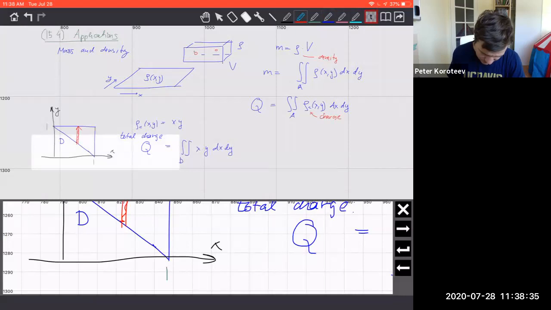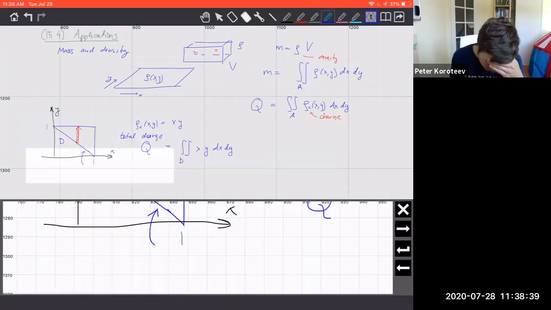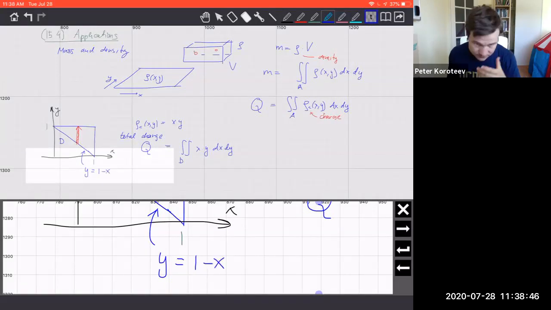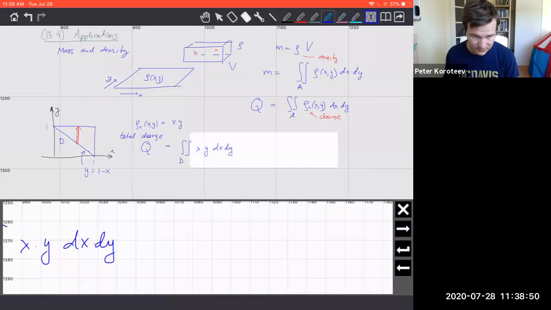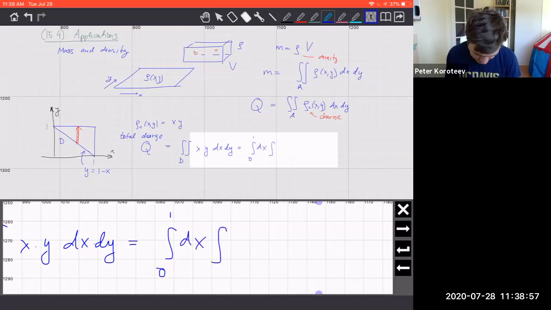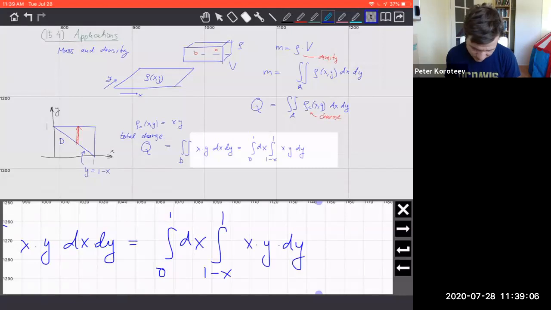The equation of the hypotenuse is y equal to 1 minus x. Therefore the integral is equal to the integral from 0 to 1 dx, integral from 1 minus x to 1 of xy dy.